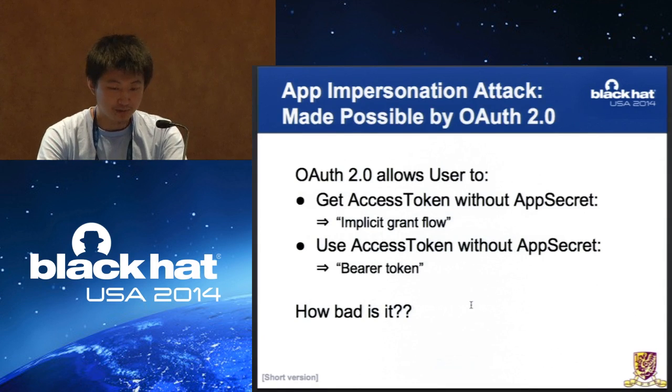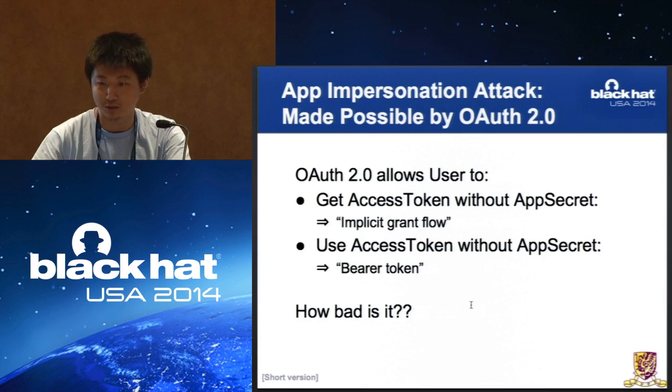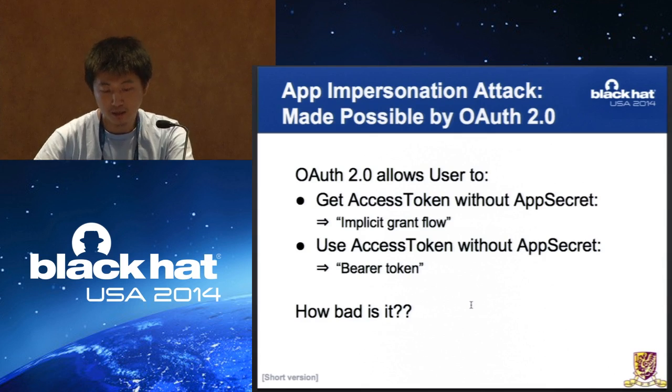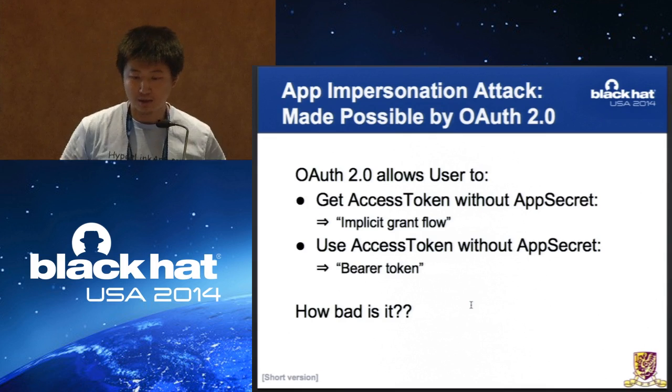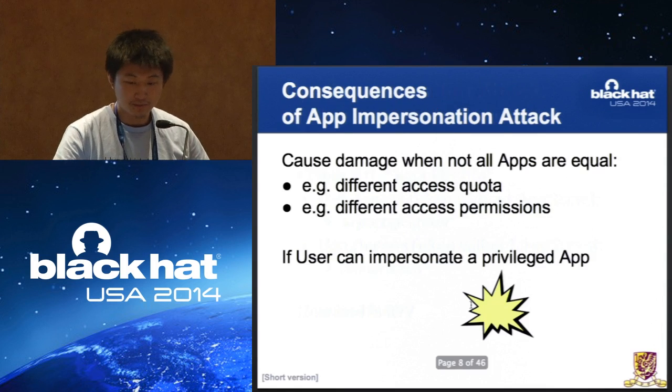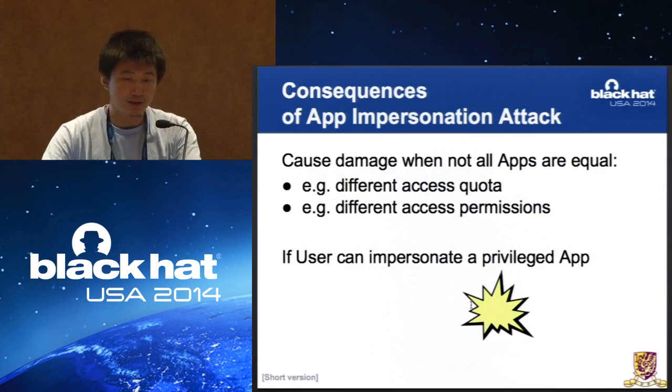It turns out OAuth 2.0 allows a user to easily get an access token without the app secret. This is via something called the implicit grant flow. We'll show you the details later. It also allows a user to use the access token without the app secret. This is called a bearer token. What's the consequence of it? Usually it does not matter too much.